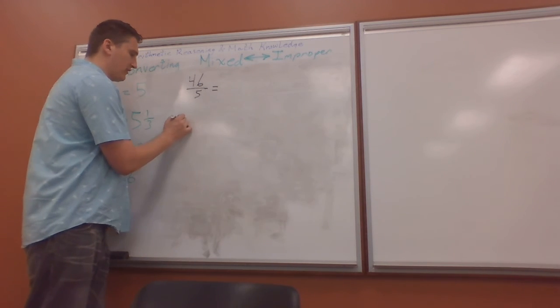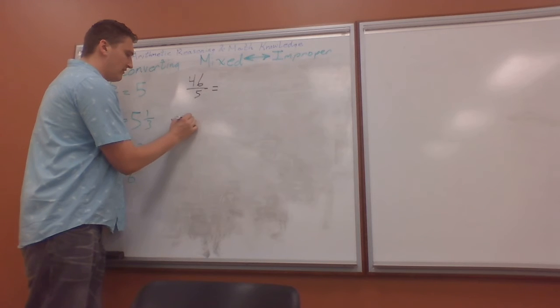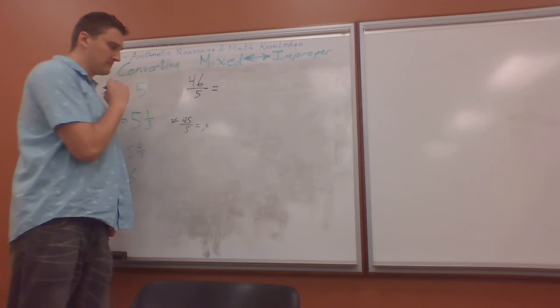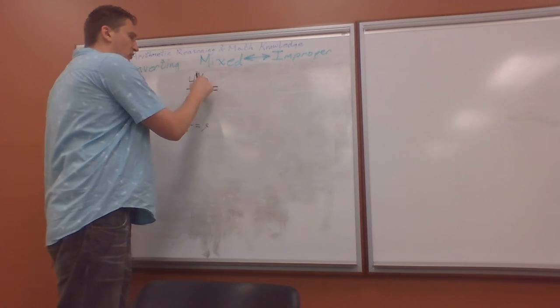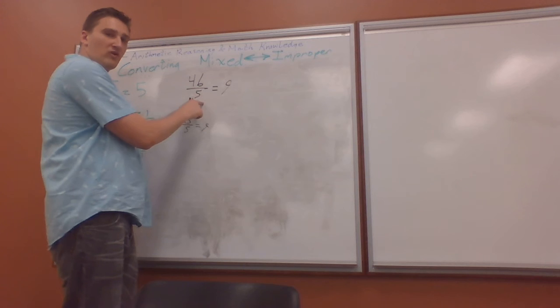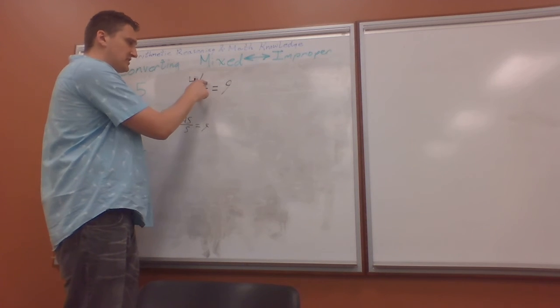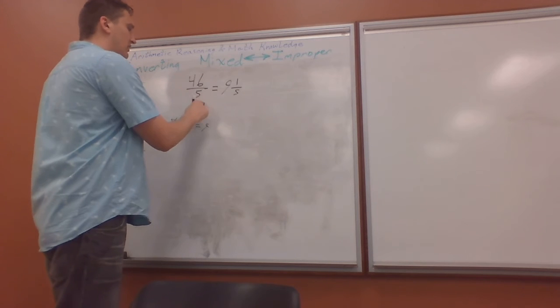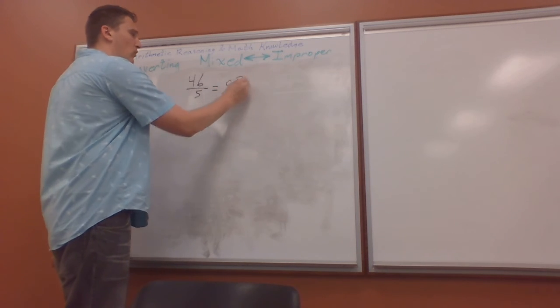Goes in 9 times. So 46 over 5 will be 9, and then I just have 1 more fifth. 45 fifths, 46 fifths. I have 1 more fifth left over. It goes in 9 times with a remainder of 1.